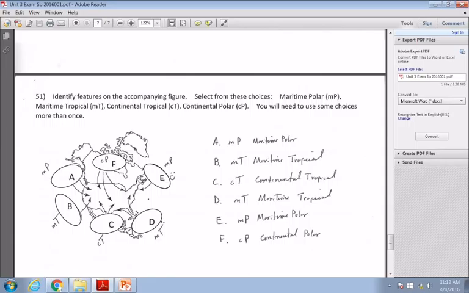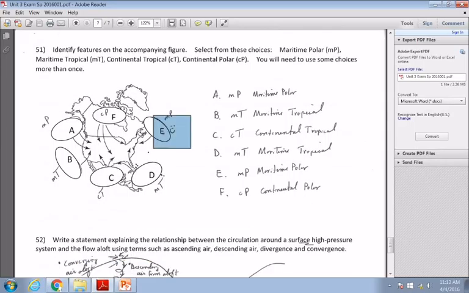And then on the next page, you had to fix the E. Actually, this one should be an E. In some cases, again, a mixed bag. You can see on my answer key where I put the 2-letter designation for the air mass.